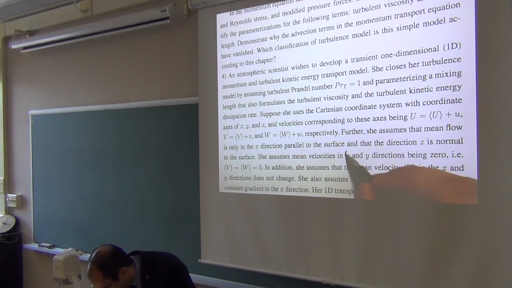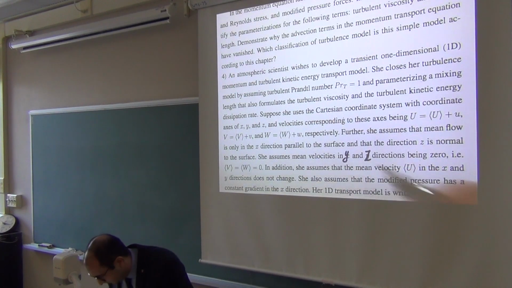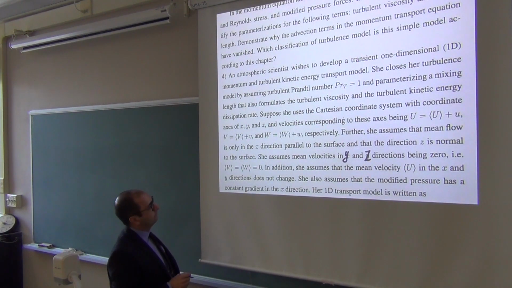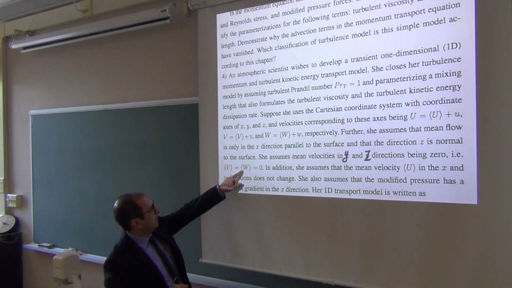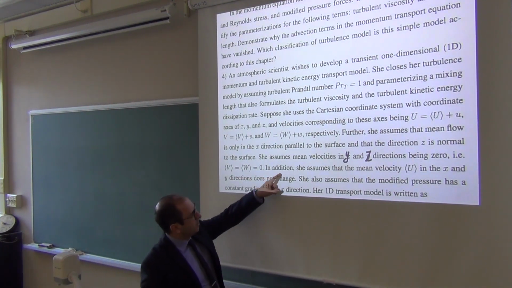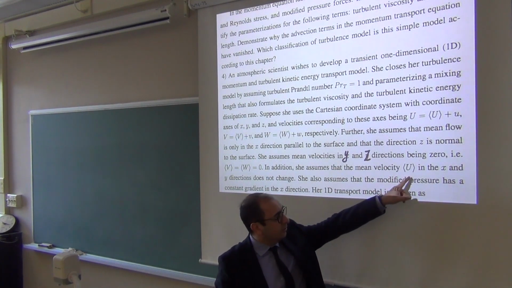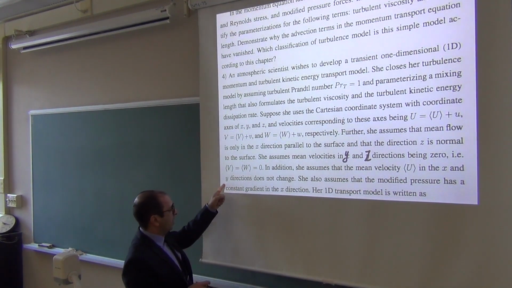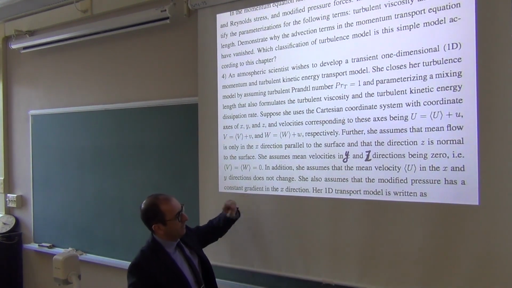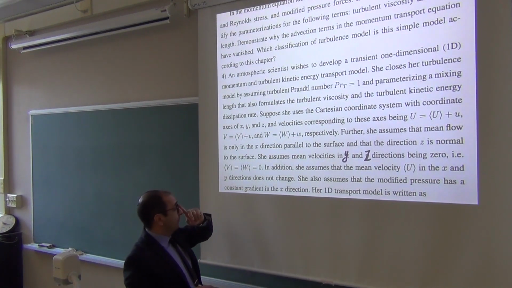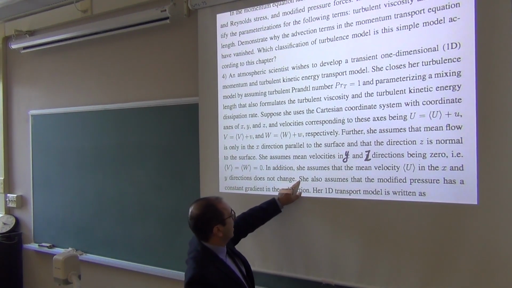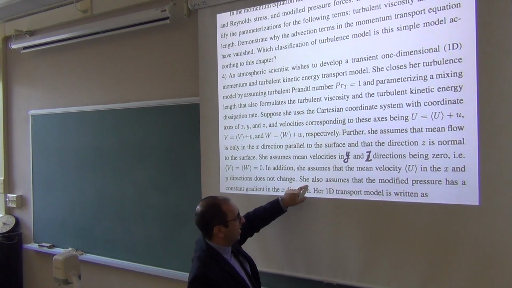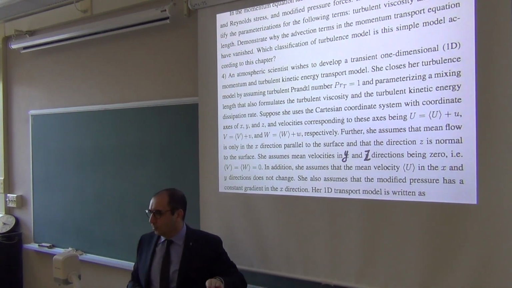So v equals w equals 0. In addition, she assumes that the mean velocity u does not change in the x or y direction. So that means u is horizontally homogeneous.